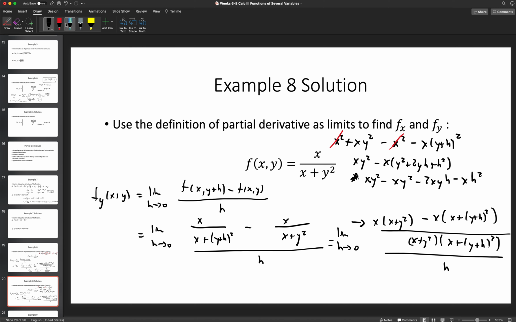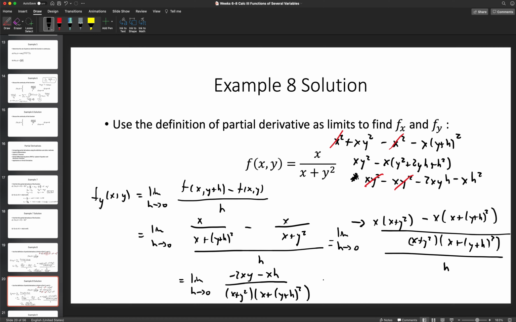And you notice that the xy squareds are also eliminated here, okay? And our fraction becomes much simpler. We're dividing by h, so actually we can take out one factor of h here, leaving negative 2xy minus xh all over x plus y squared, x plus y quantity plus h squared.